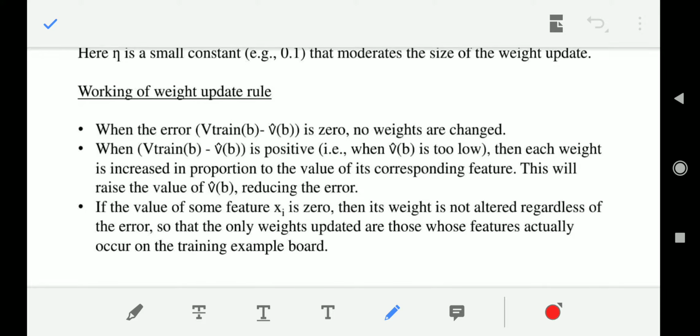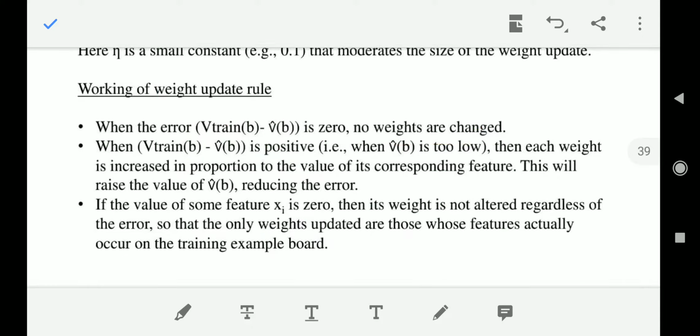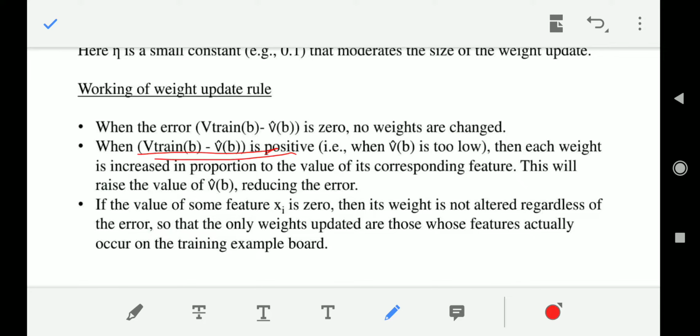So when the error, for example, when we train the value and the approximation function gives 0, that means that is the best fit. You don't have error. There is no need to update the weights. You can see here, if the value is positive, you need to update the weight, increasing in proportion to the value of that feature.